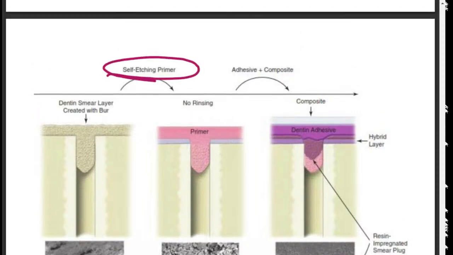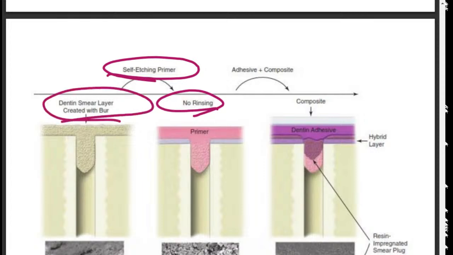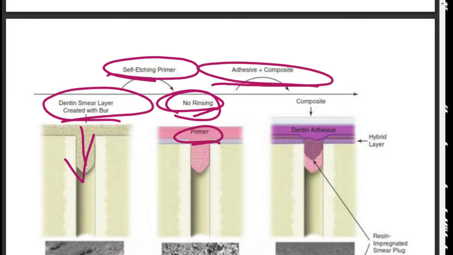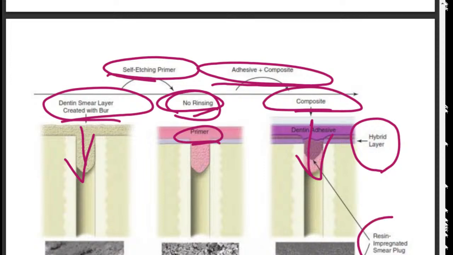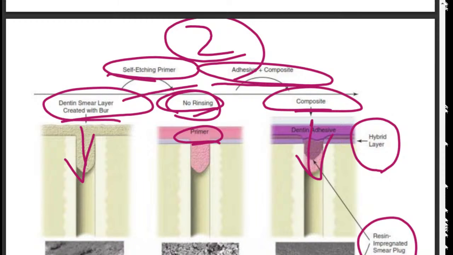The self-etching primer on the dentin smear layer needs no rinsing, only a primer. The adhesive plus composite. This is the composite being applied. There's a hybrid layer and resin impregnated smear plug. Only two steps. Dentin smear layer, no rinsing, and composite priming.